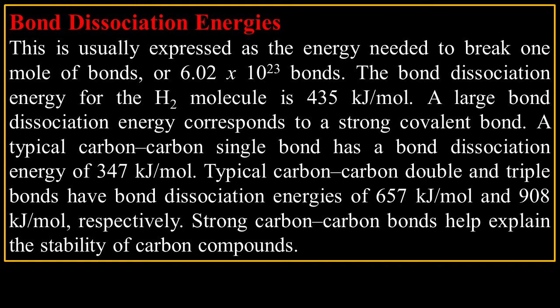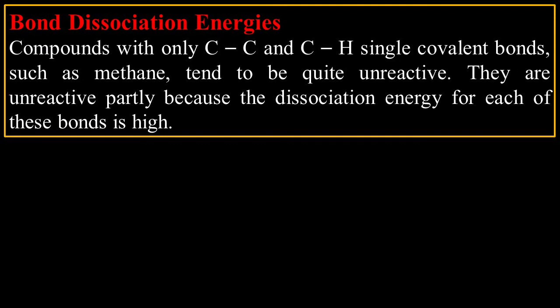A typical carbon-carbon single bond has a bond dissociation energy of 347 kilojoules per mole. Typical carbon-carbon double and triple bonds have bond dissociation energies of 657 kilojoules per mole and 908 kilojoules per mole, respectively. Strong carbon-carbon bonds help explain the stability of carbon compounds. Very, very strong.